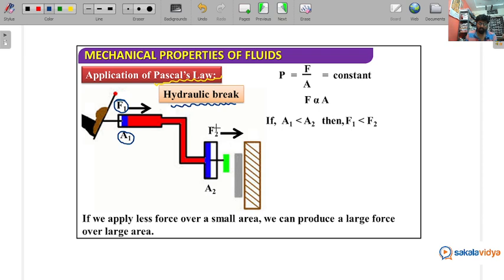Here a large force is applied on the larger area where your vehicle is going to stop. So here P is equal to force by area is constant. This is called the intensity of pressure.